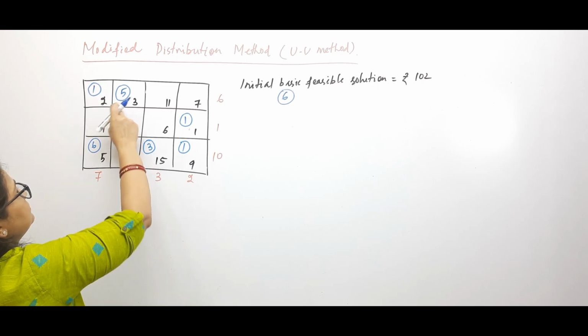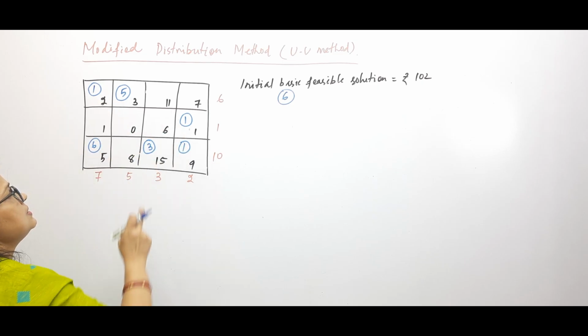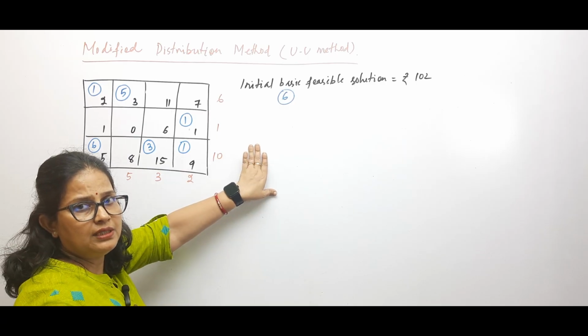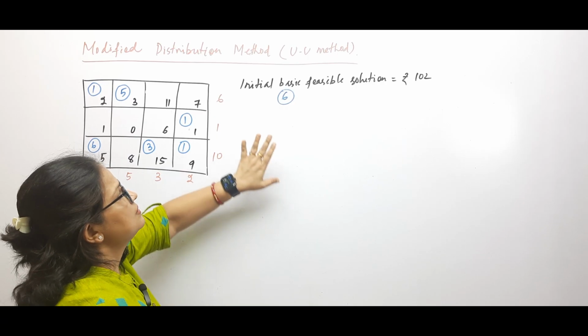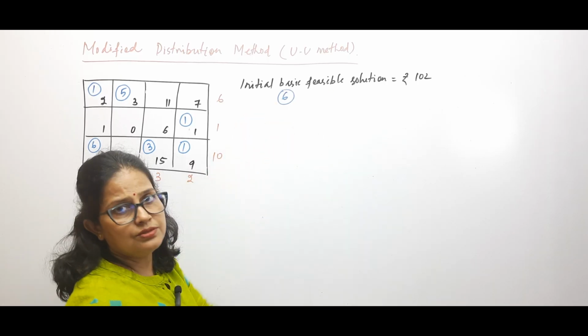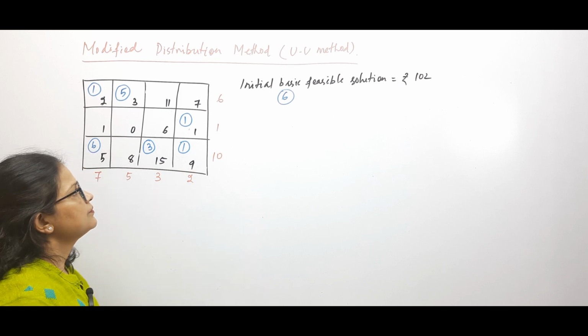These are the allocations. These are the 6 allocations we got in our previous class. This is already discussed and we got the solution 102.